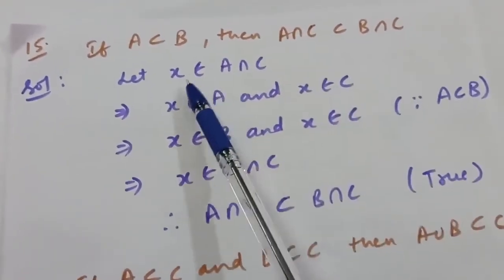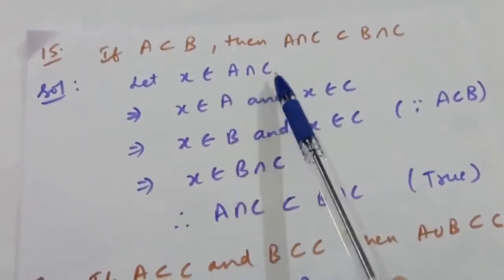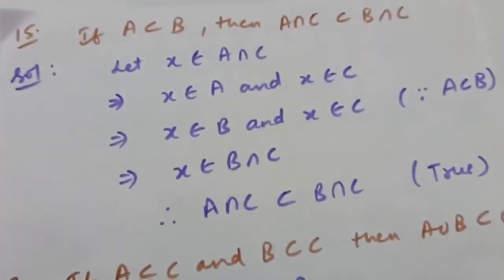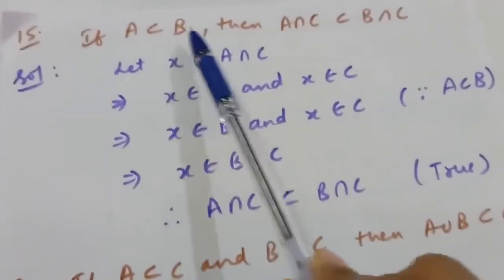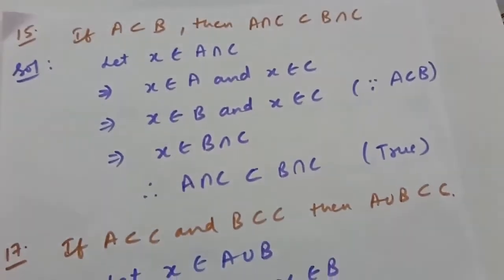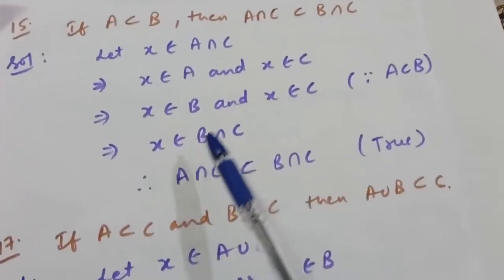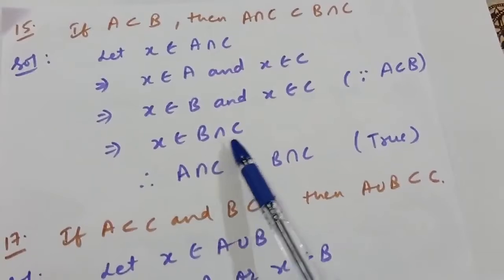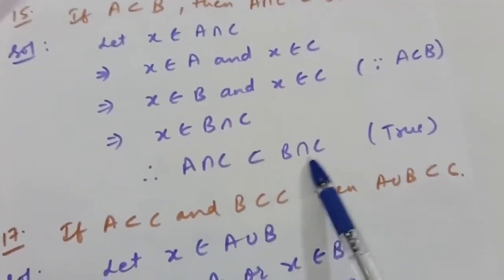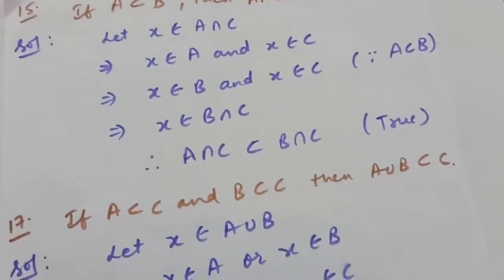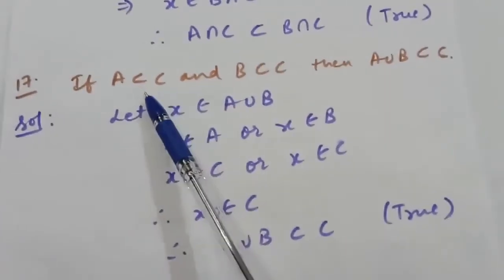See, to show that this is a subset of this, take X belongs to A intersection C. Intersection here means that X belongs to both A and C. Since A is a subset of B, it is given, so if X belongs to A, then it implies X belongs to B and X belongs to C. So it implies that X belongs to B intersection C. Therefore, this is a subset of B intersection C. Therefore, this statement is true. Now next is question number 17.